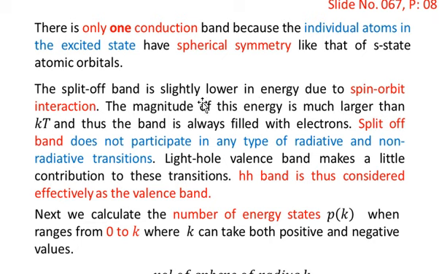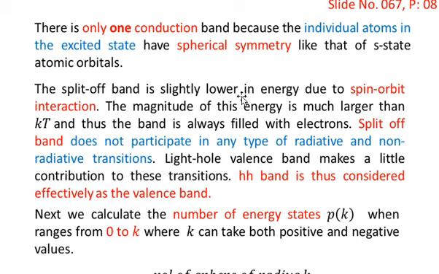The split off band is slightly lower in energy due to spin orbit coupling. Spin orbit coupling means that the angular momentum of the electron spin and the angular momentum of the orbital motion, that is, the spin magnetic moment and the orbital magnetic moment, interact with each other, and result in spin orbit interactions.